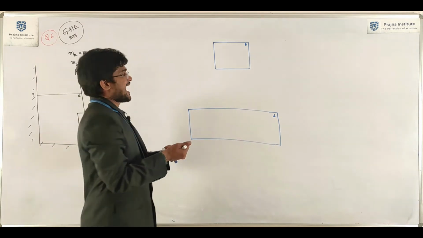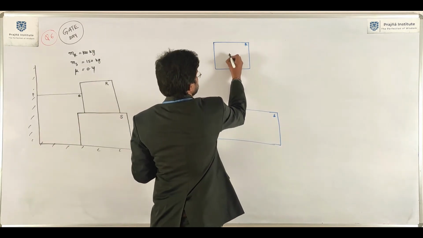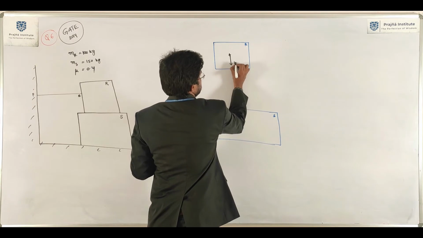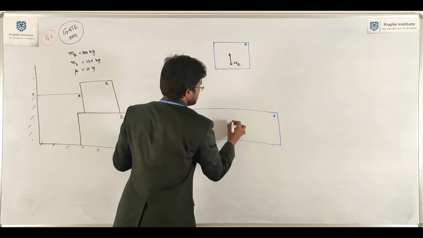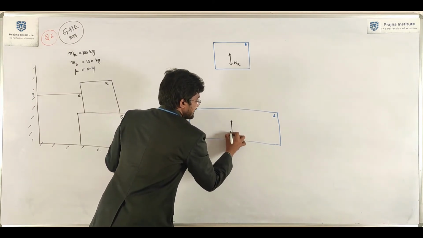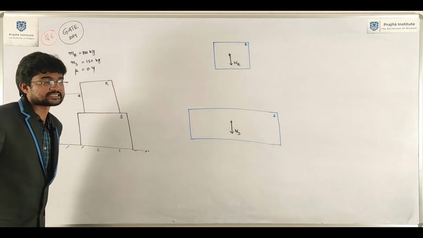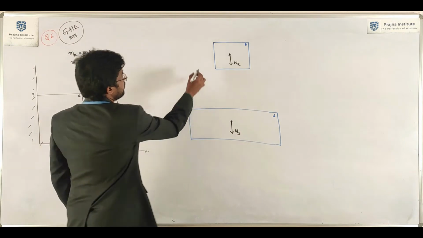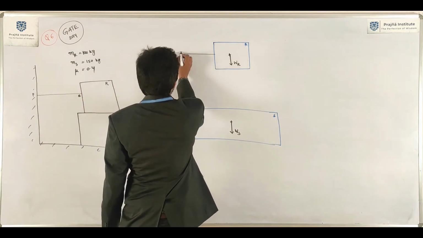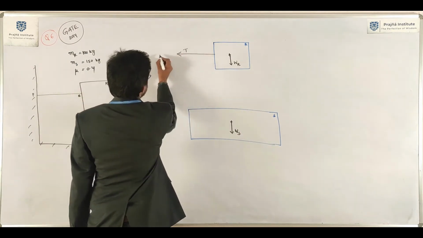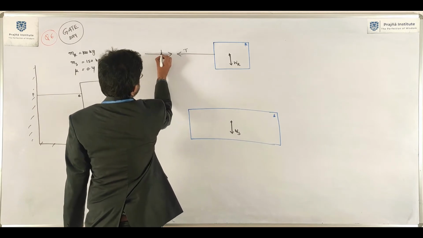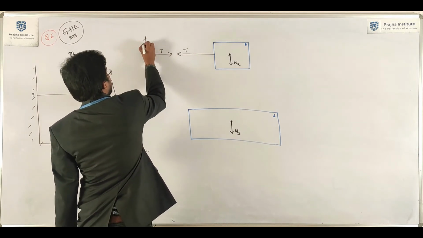Weight always acts vertically downward. Here W_R is acting vertically downward. W_S is also acting vertically downward. Tension always pulls the block. This particular thing is tension T, and this tension T pulls the wall.